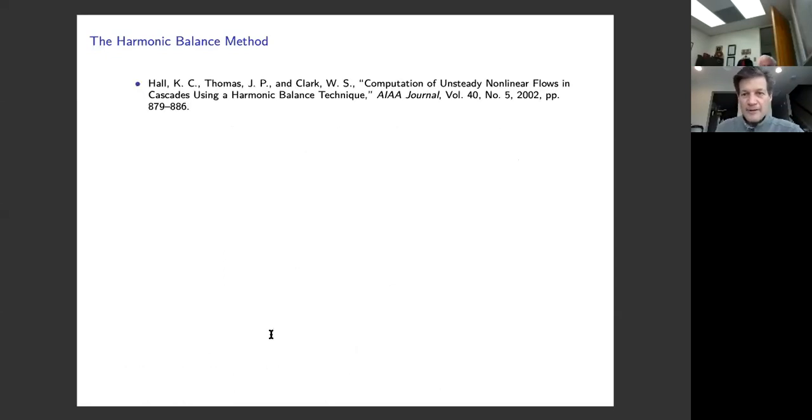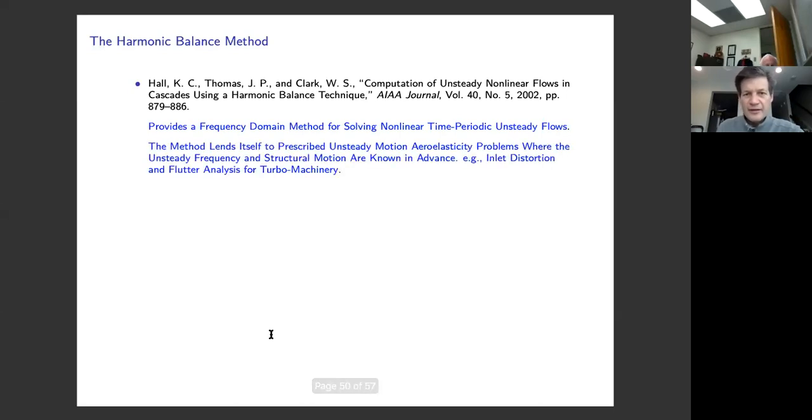And so the idea that I worked on, and another student of Professor Hall's, Bill Clark, worked on, we presented the paper back in 2002. It provides a method for solving nonlinear problems for time periodic unsteady flows. The method lends itself for CFD methods to problems where the unsteady frequency is known in advance.